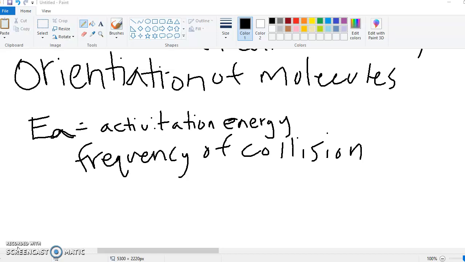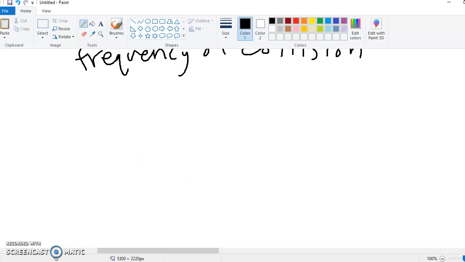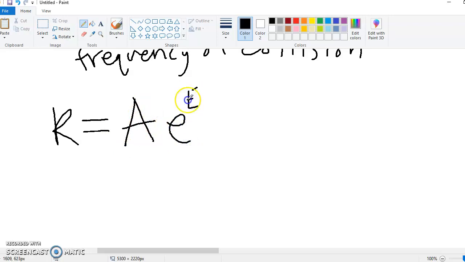So what we can say now is that my rate constant, k, is equal to the frequency factor times e to the negative activation energy over the gas constant times temperature. And that is the Arrhenius equation.